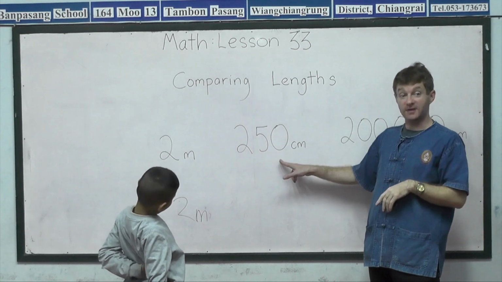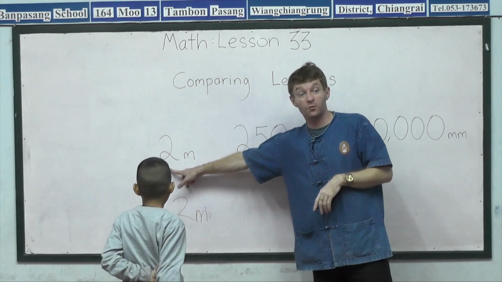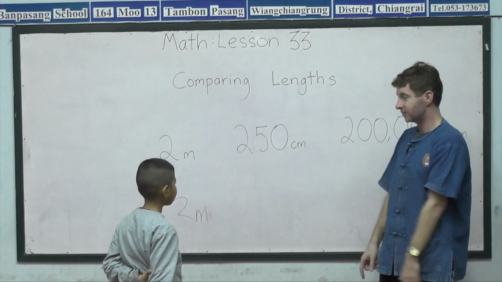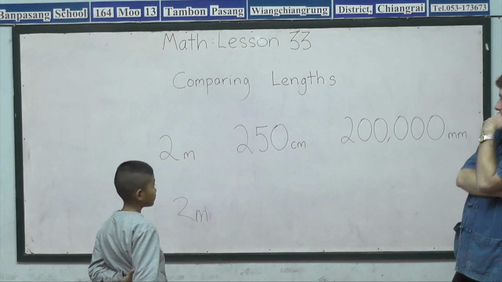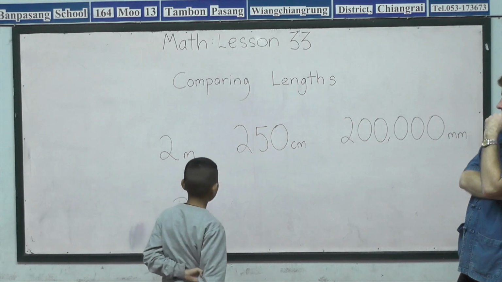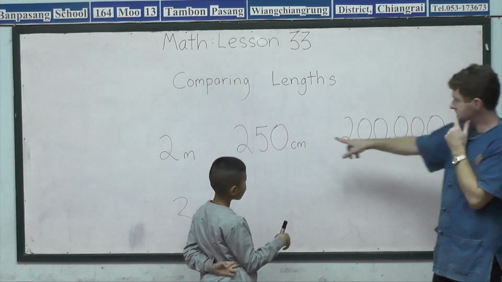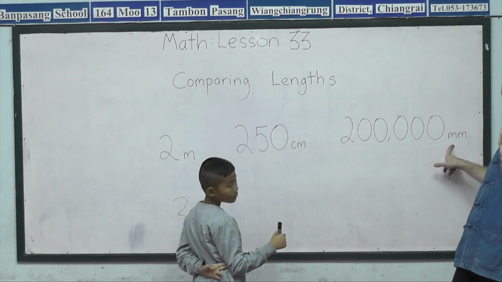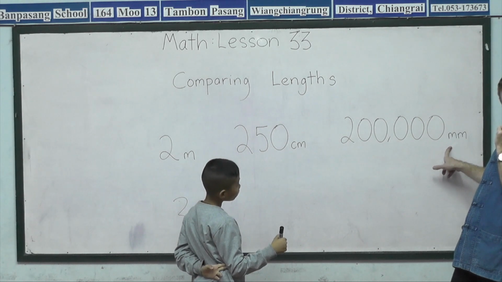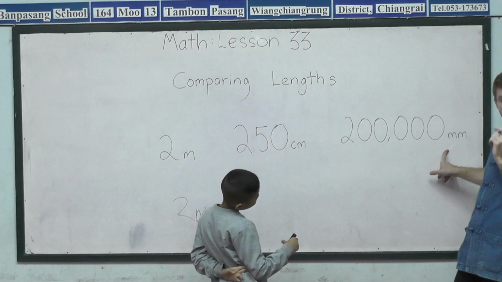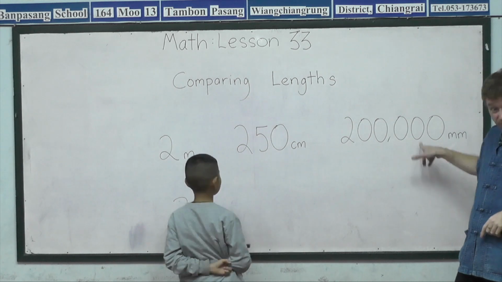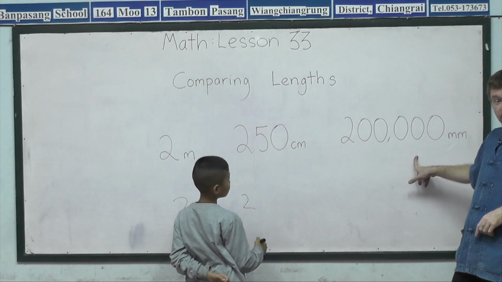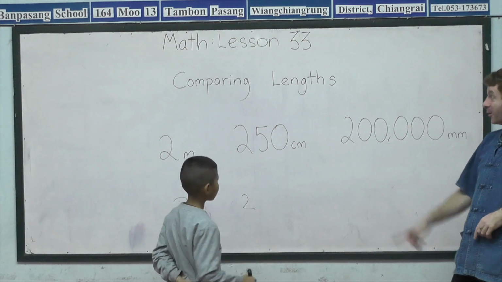So 200 centimeters is 2 meters, and we have 50 more centimeters. Excellent. So what's next? 250. But centimeters is bigger than millimeters. 200,000 millimeters. Oh yes, that's right, because 200,000 millimeters equal 2,000 centimeters. Excellent.